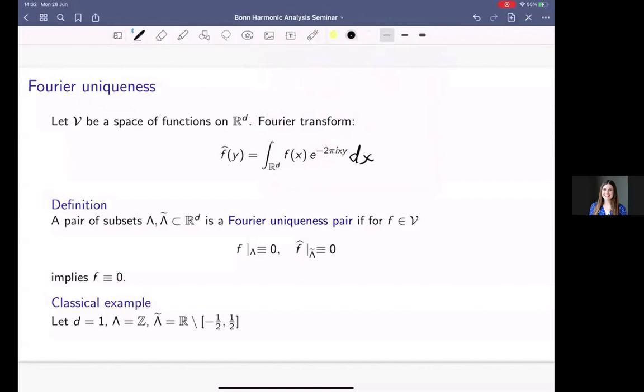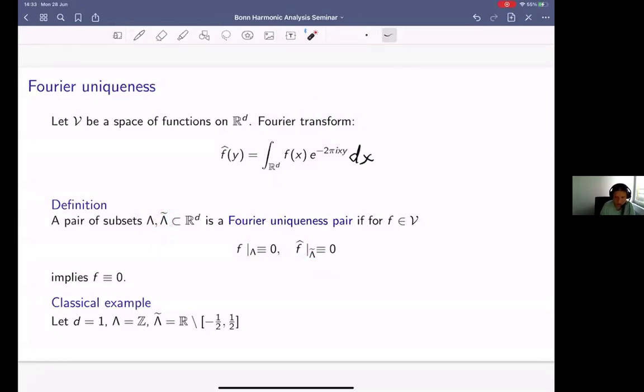After we have defined the Fourier transform, we can consider the following question. Suppose that we have a pair of subsets in our space R^d, and suppose that we know the values of function f everywhere on this set lambda, and we know the values of its Fourier transform everywhere on the set lambda tilde.